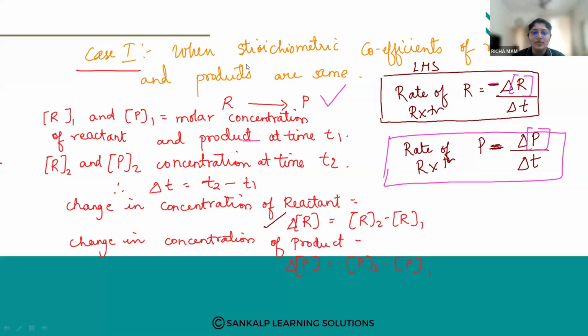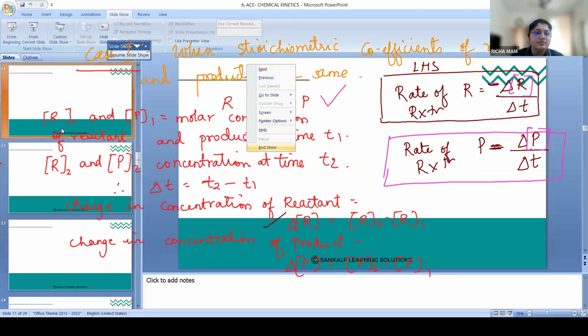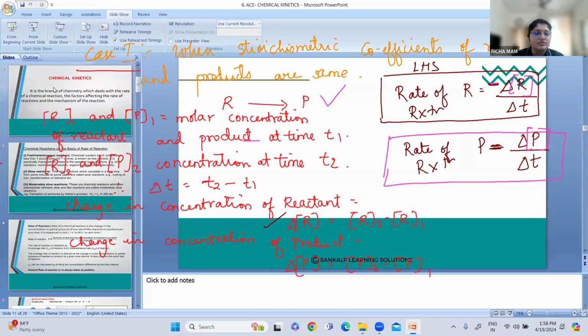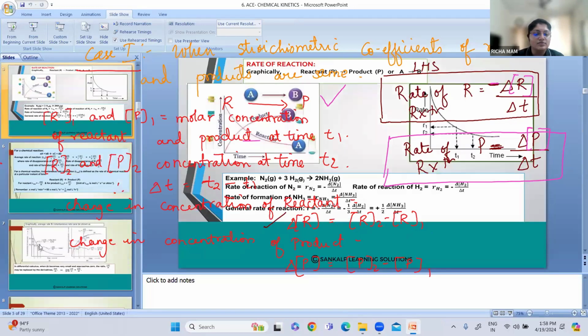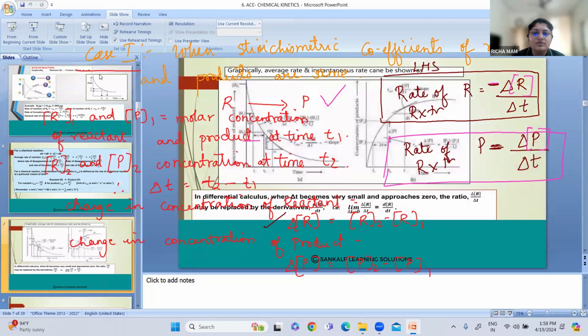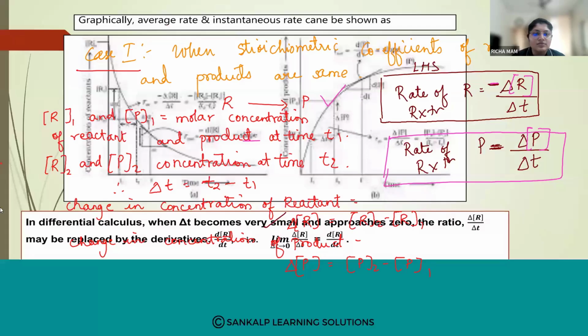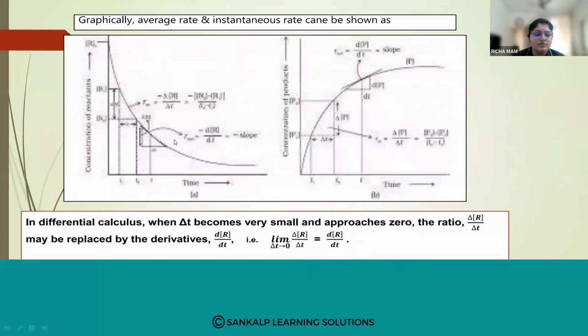So let us see the graph. This is the concentration of reactants versus time and the concentration of product versus time. These are the two graphs which you can see.